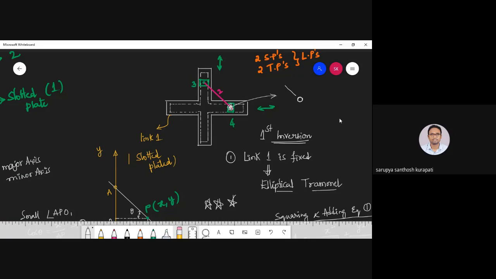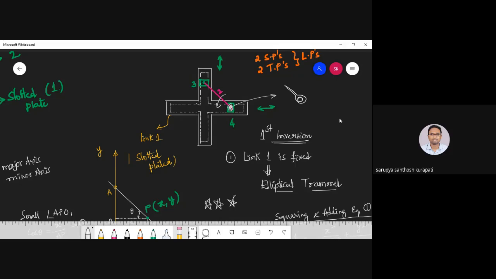The link which is connected to both the sliders is given an input. So due to the rotation, this particular link, that is the second link, is going to rotate. Yes or no? Yes, sir.